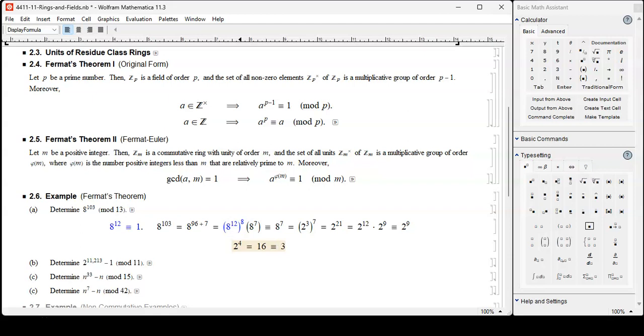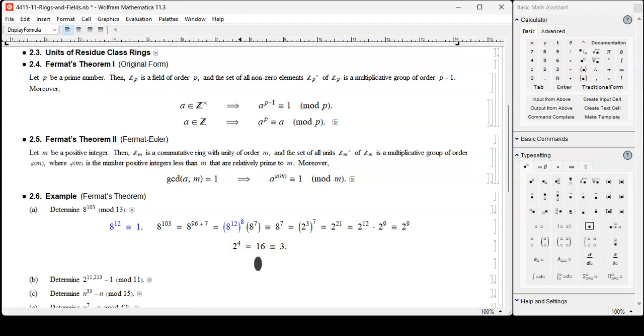So if you use this, then 2 to the 9th power is going to be 2 to the 4th power times 2 to the 4th power times 2, and that's equivalent to 3 times 3 times 2.